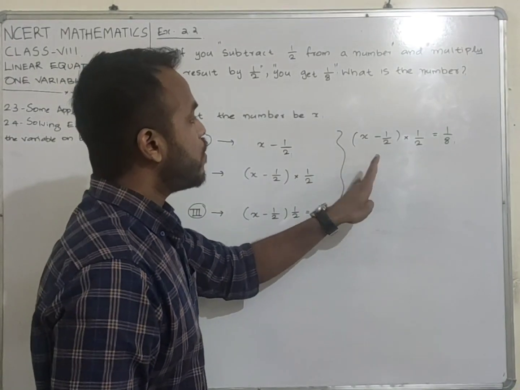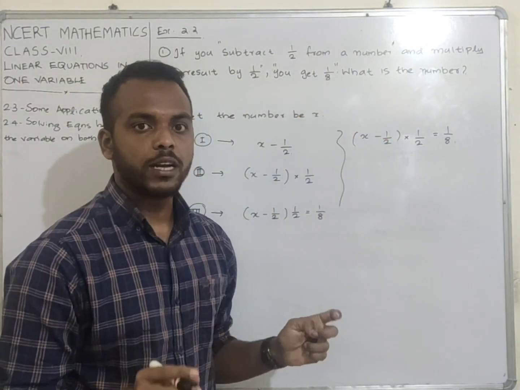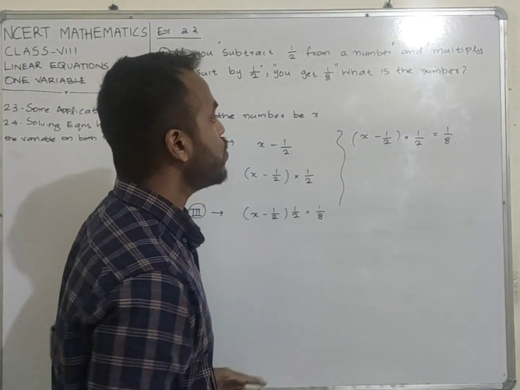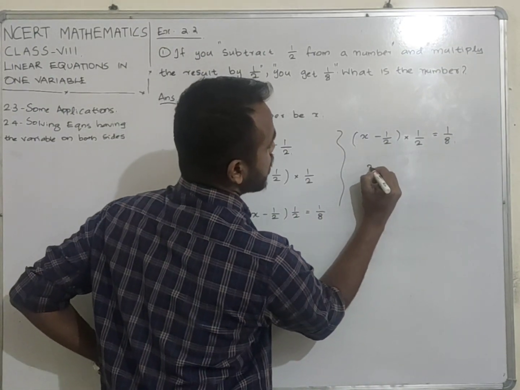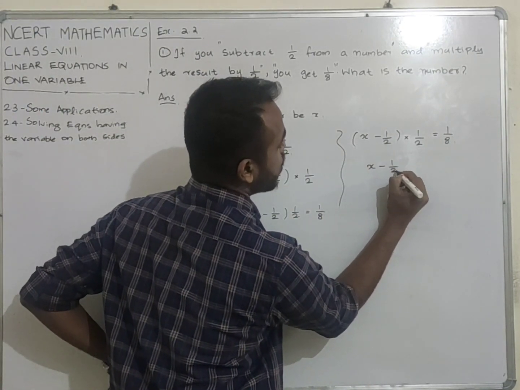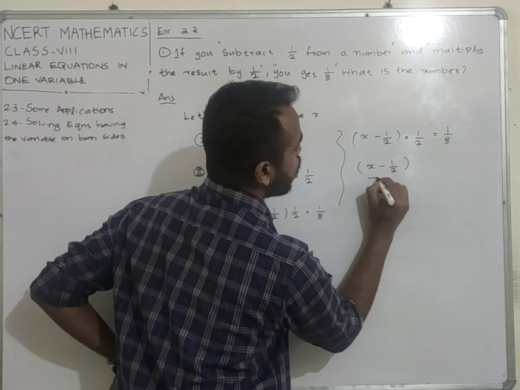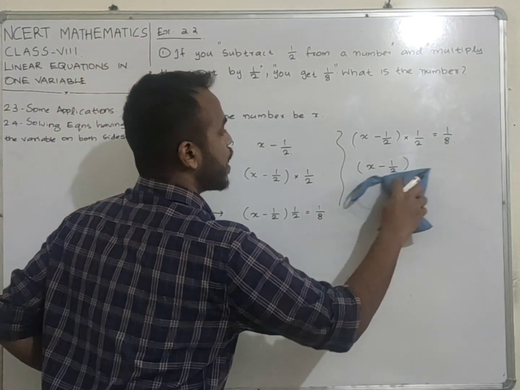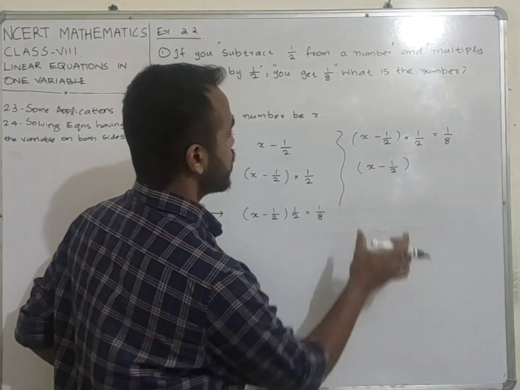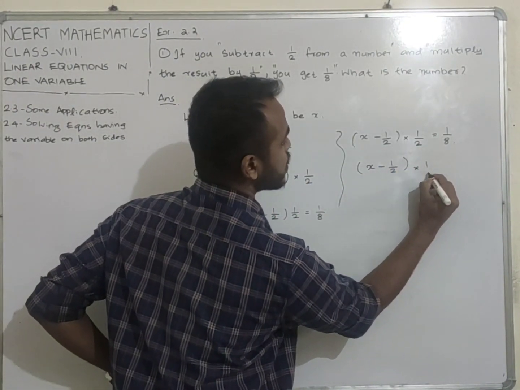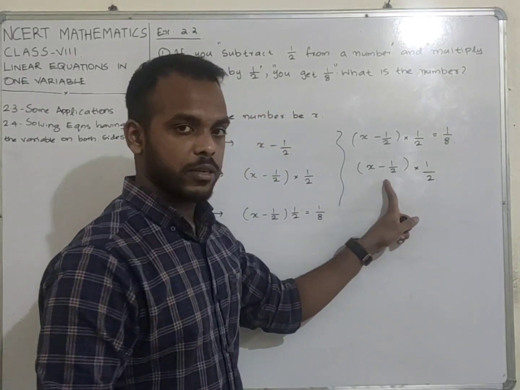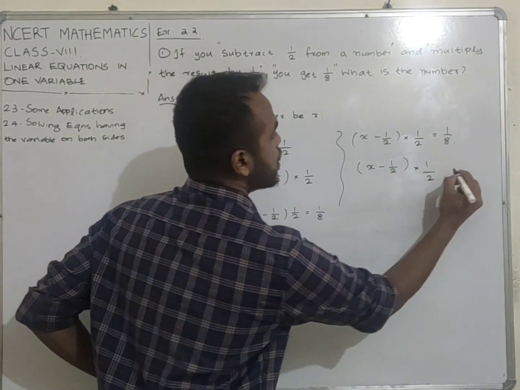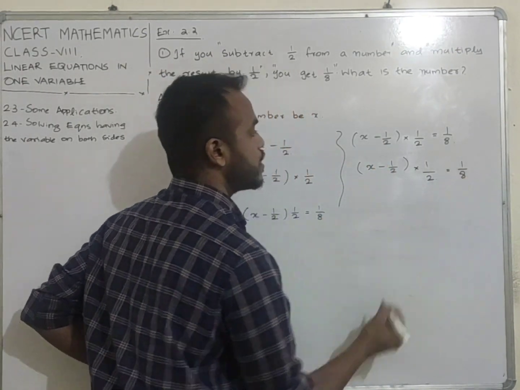While doing this, I will give you some important points that you should follow. This can be written as x minus 1 by 2 whole divided by 2. I will include another step before this. This is a number and this is another number. This will give us 1 by 8.